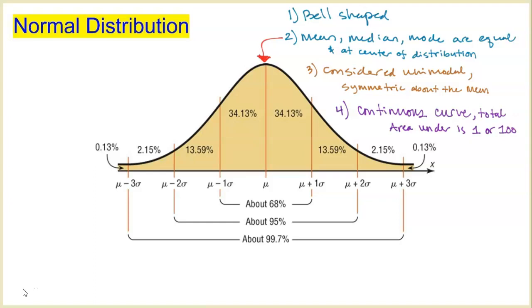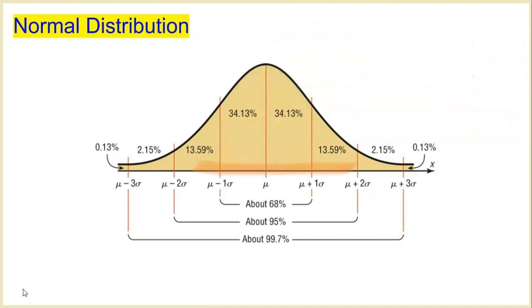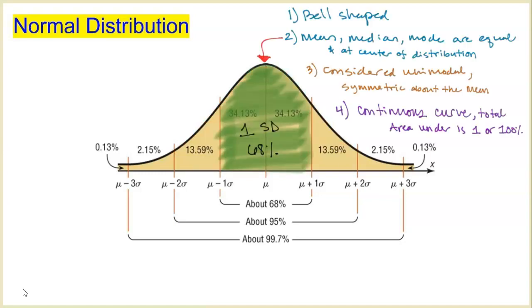And so that helps us start to look at this as an area model. So if I color in this middle section, this represents one standard deviation above and below the average value. And this distribution tells us that about 68% of all data, as long as it is normally distributed, is within one standard deviation of the average value.